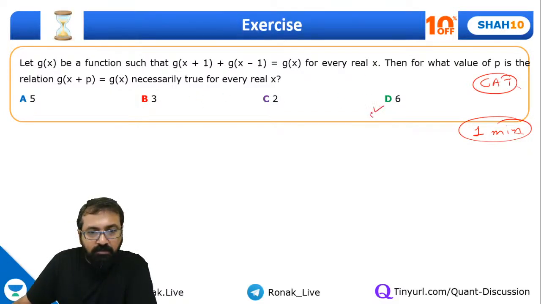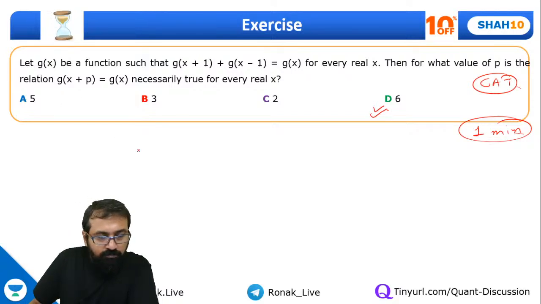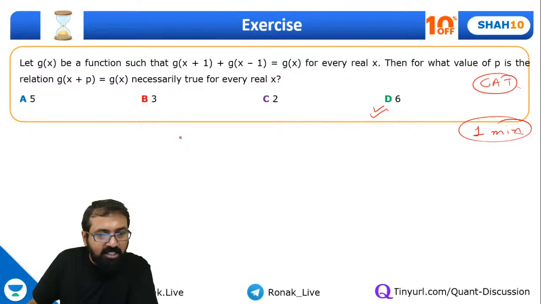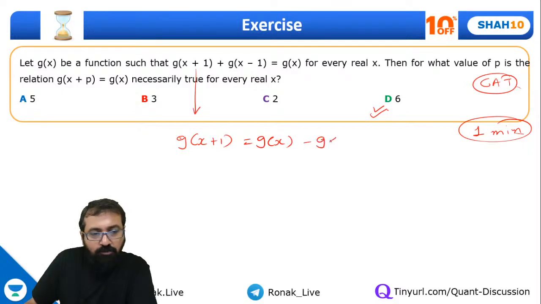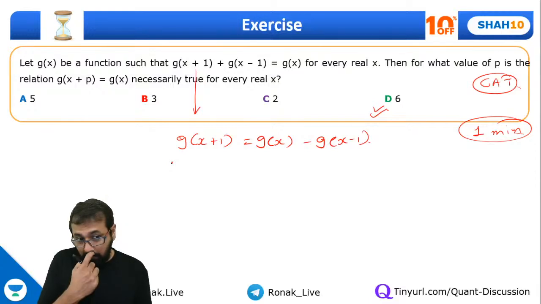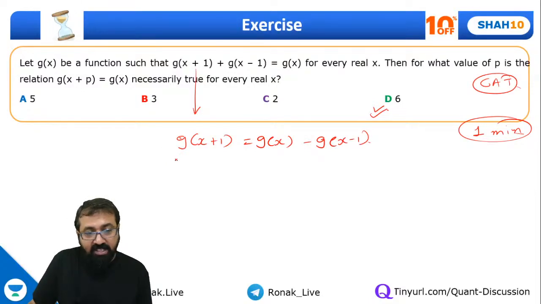Correct, it's this one. So if you take p equal to 6, we are saying g of x plus 6 is equal to g of x. Let's understand this part. As I mentioned, I can write this one as g of x plus 1 equal to g of x minus g of x minus 1, right? Over here I'll start with x equal to 2.